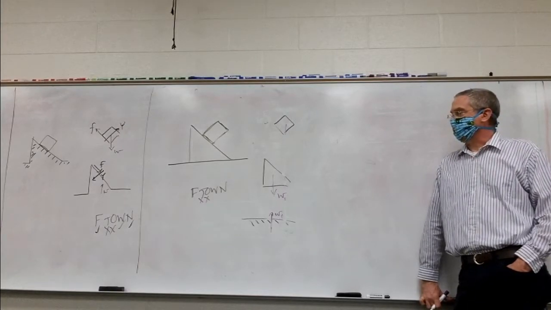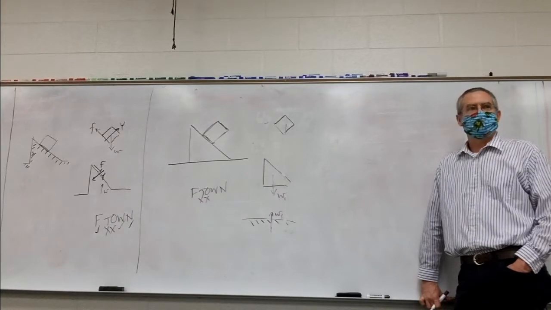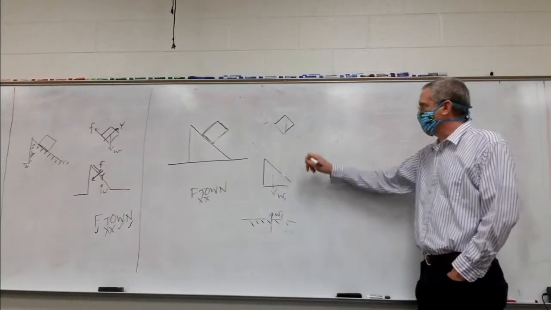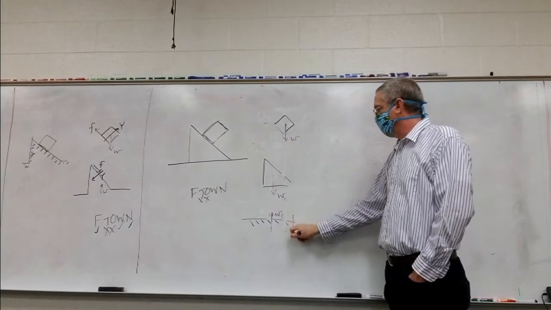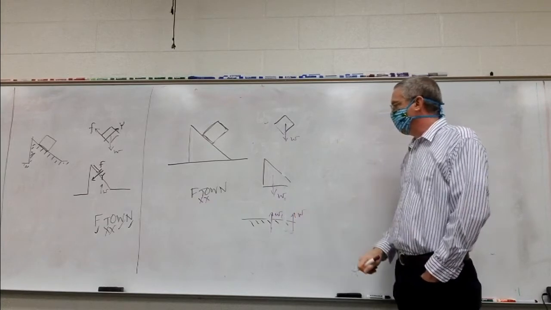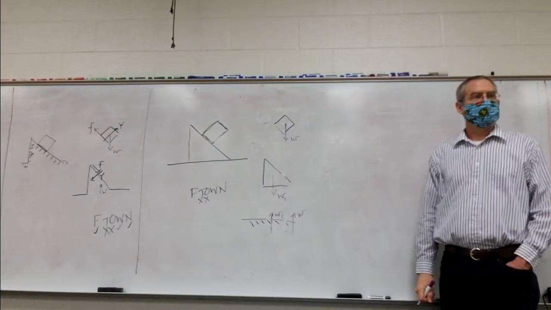All right, so what else? Weight on the box going downwards, yep, and then another weight going up on the ground. W is good, or do you want a subscript? Probably B for box.